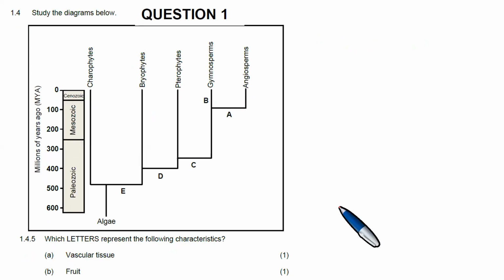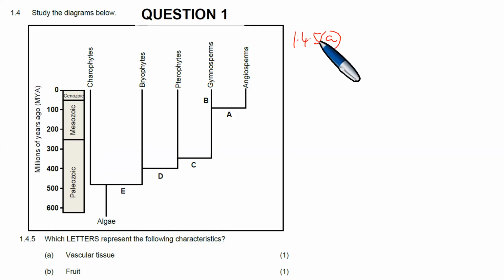You need to study the diagrams below and try to make sense of this. We've already seen the diagram, but we're asking the question: which letters represent the following characteristics? 1.4.5 part A, vascular tissue. We just need to put the letter there.